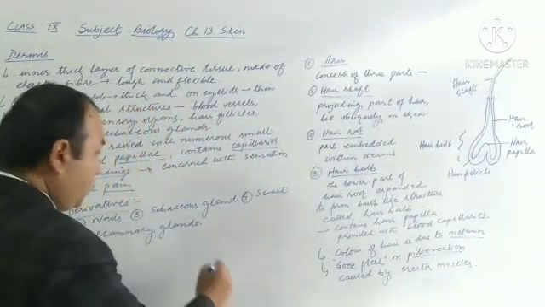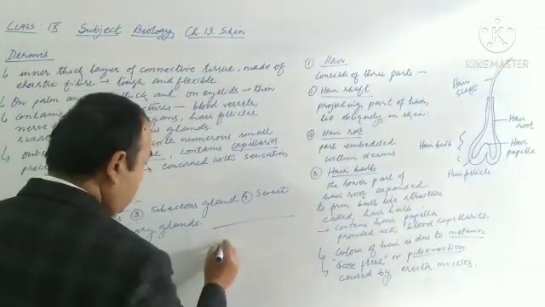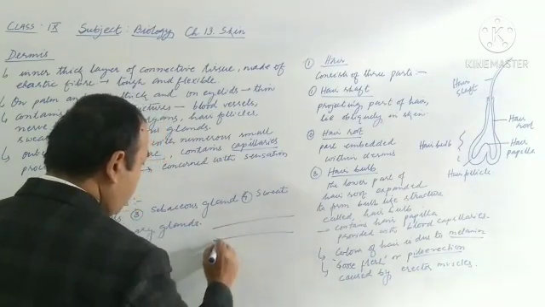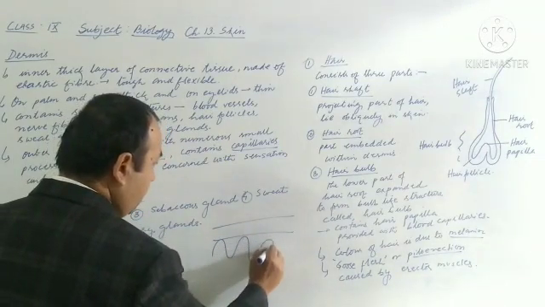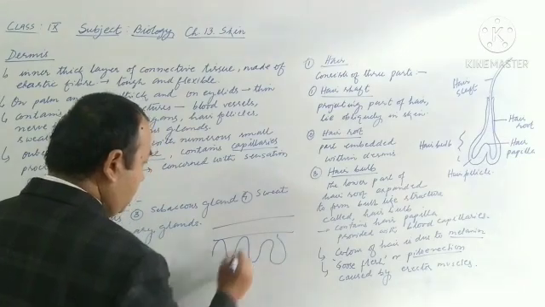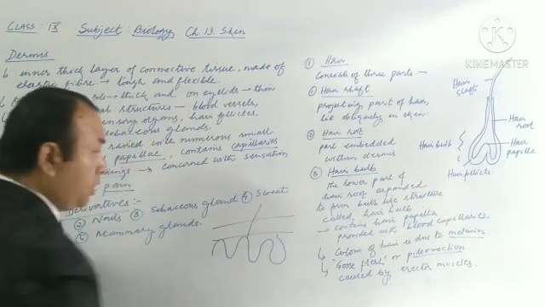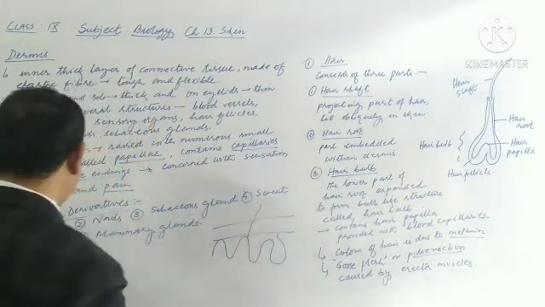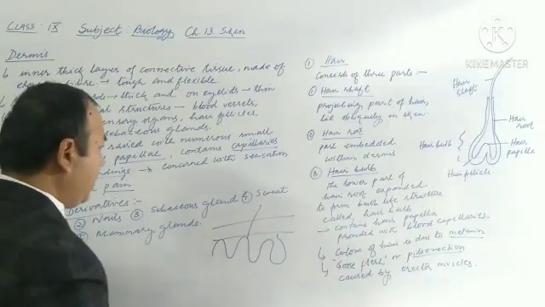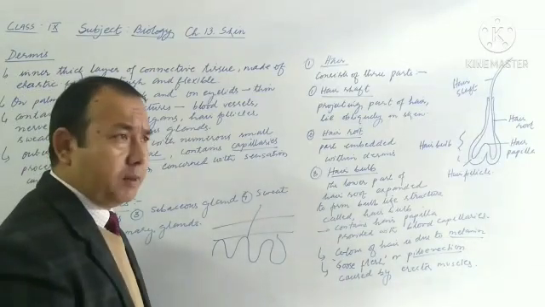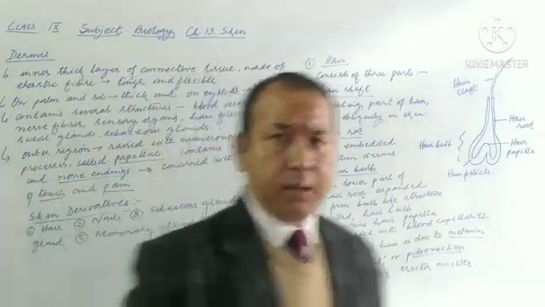If you see the structure, suppose this is the epidermis, the inner region is usually raised. This raised portion is what we call the papilla. Papilla is singular, papillae is plural.